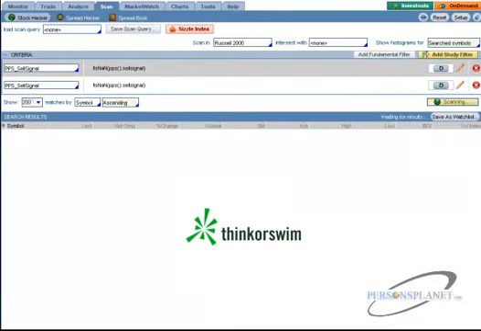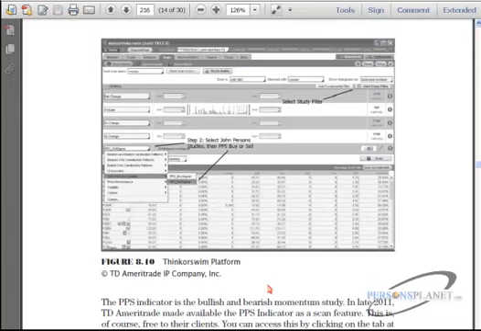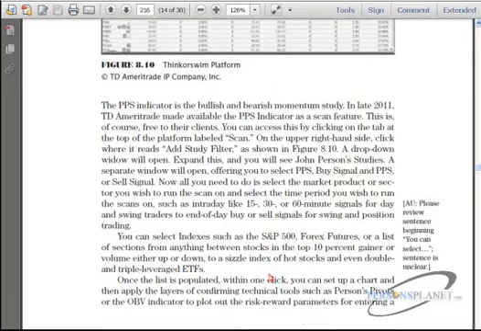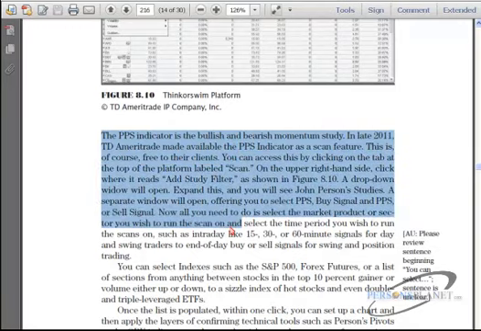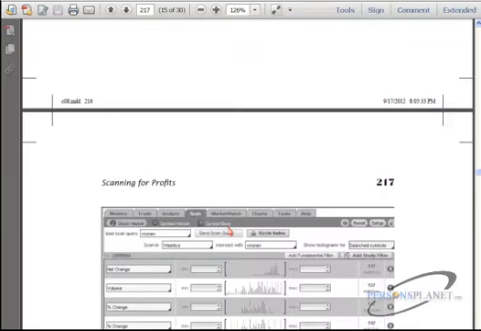All right. Now, in this book that I talked about earlier today, Mastering the Stock Market, on page 216, and this came right out of the book, we talk about just exactly how that runs and how to do the bullish and bearish momentums and how to run that scan.